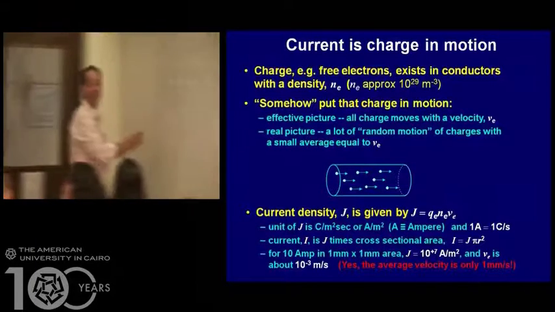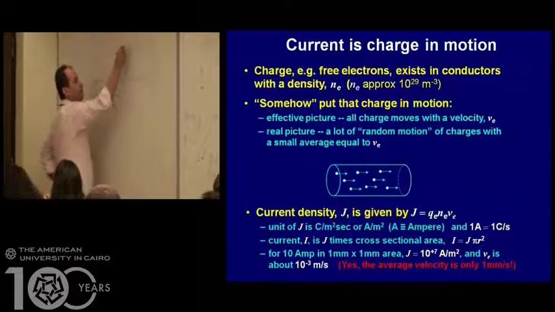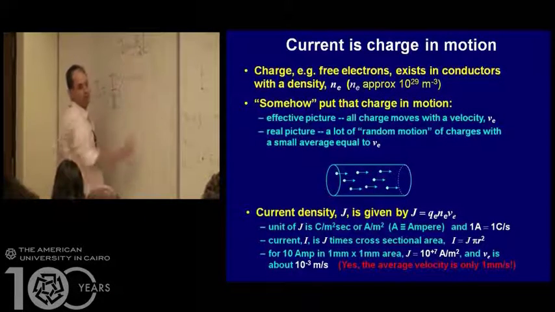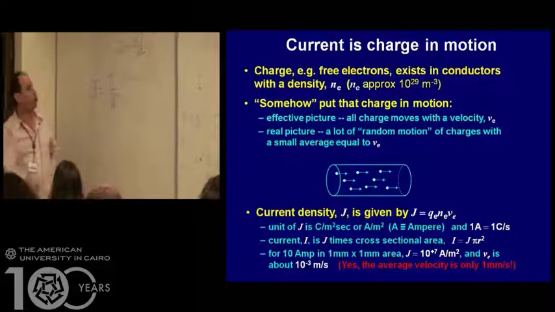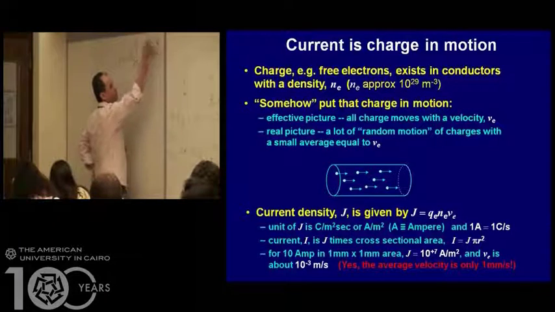Then what's I? It's the change in charge per change in time, or delta Q over delta t. The charge per unit time.